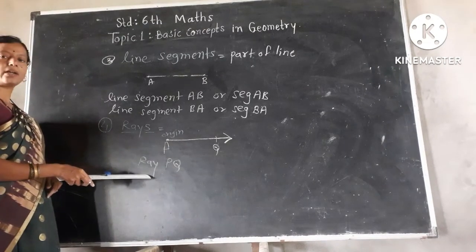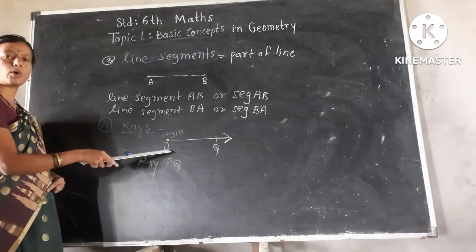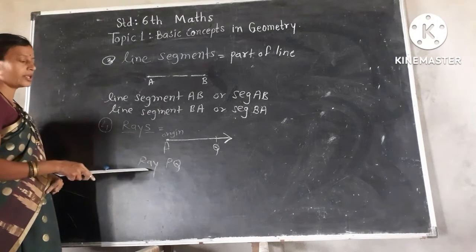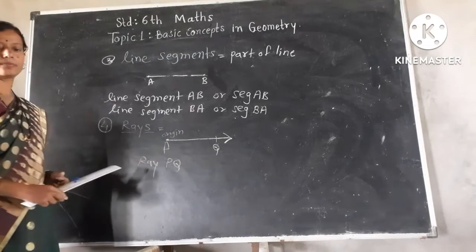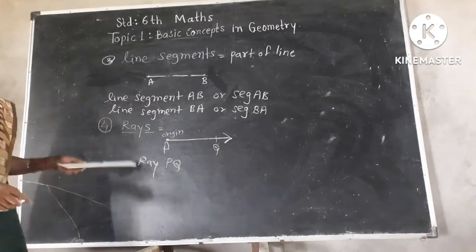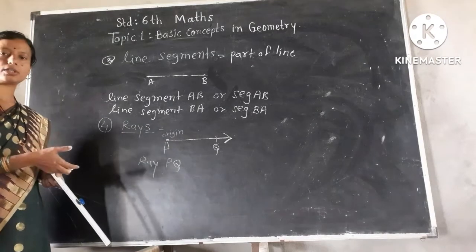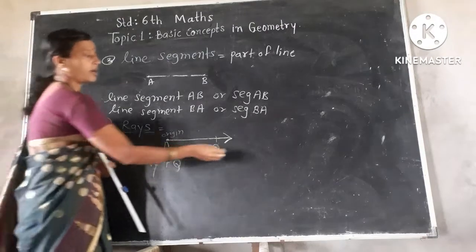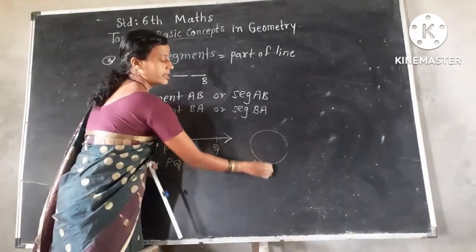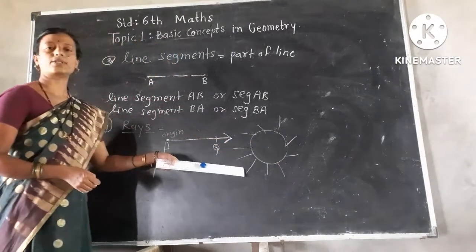Always remember that when we read a ray, we first take the name of the origin, ray PQ. We can see a ray when we use a torch, the ray comes out, and also rays come from the sun in all directions. These are examples of a ray.